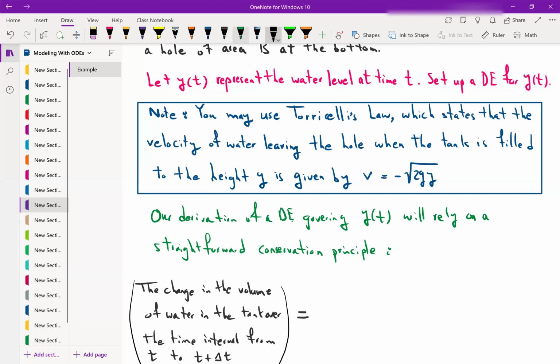This is equal to the amount of water, and by amount here I mean volume, the amount of water entering the tank during that interval, the interval from t to t plus delta t.